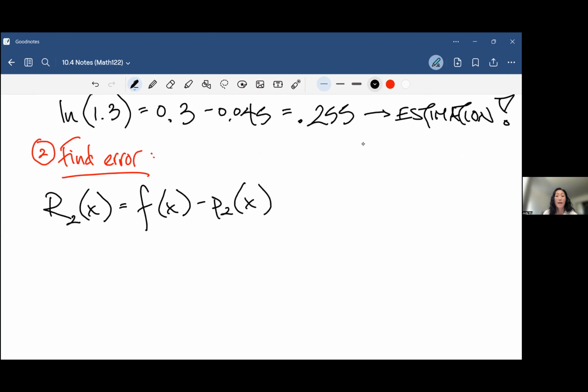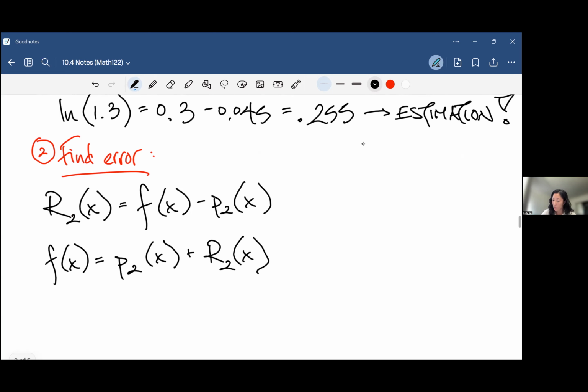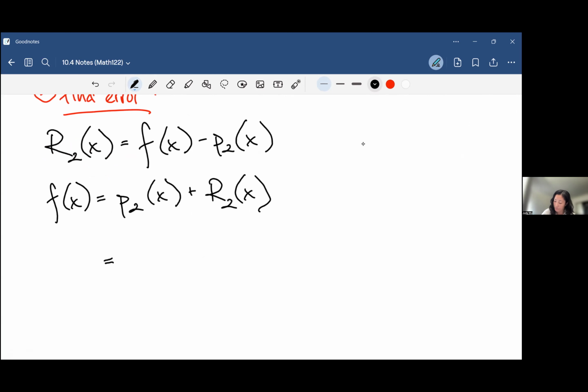Last time we rearranged this and said that f of x was really going to be P2 of x plus R2 of x. We did some algebra, adding the P2 to the other side, and that's another way that we can say it: the estimation plus the error. So when we're using the first two terms, we're approximating P2 of 0.3, plus our R2 term.